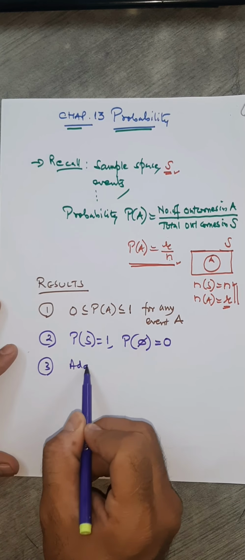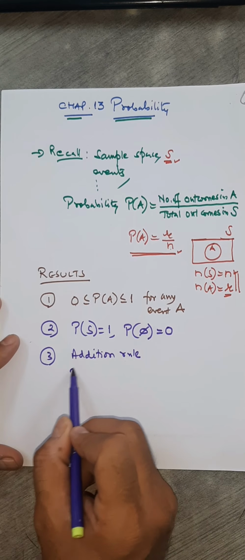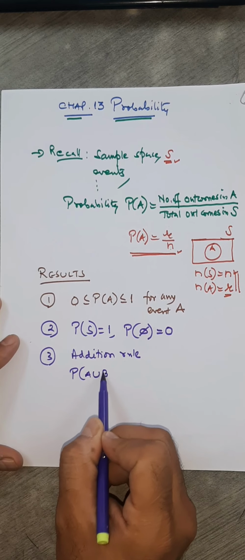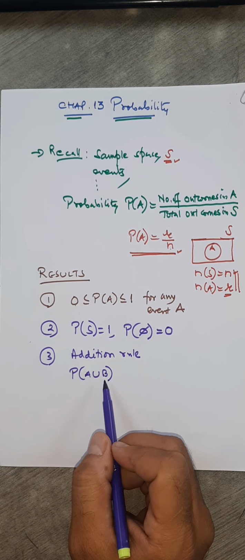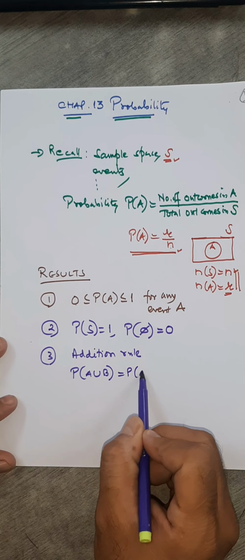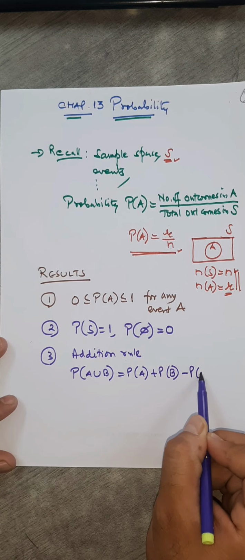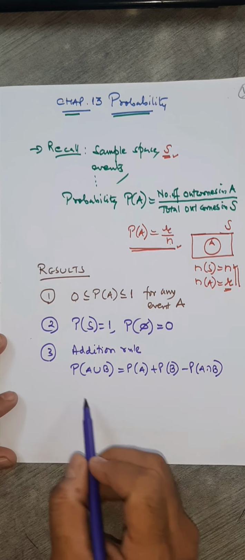Then we have the addition rule for probability. Probability of A union B is given by P of A plus P of B minus probability of A intersection B for any two events.